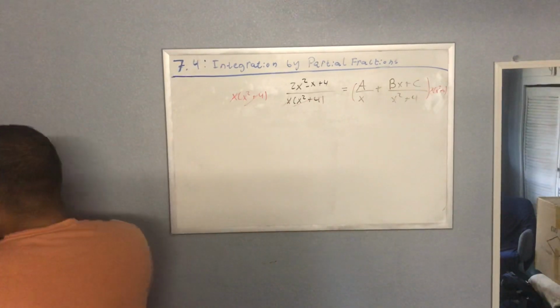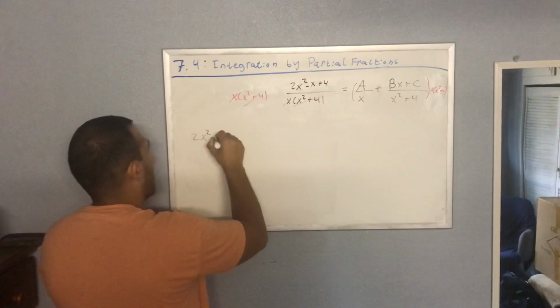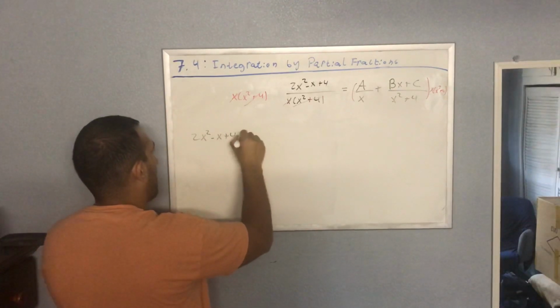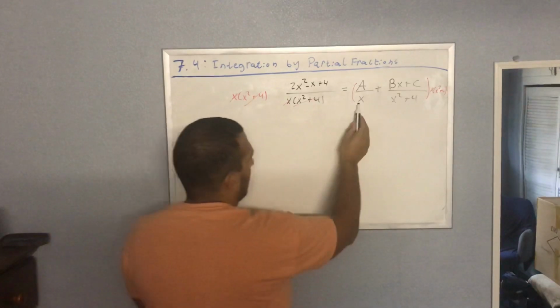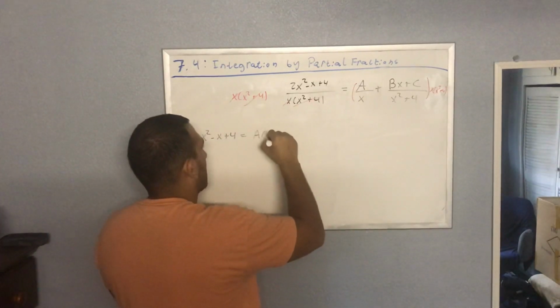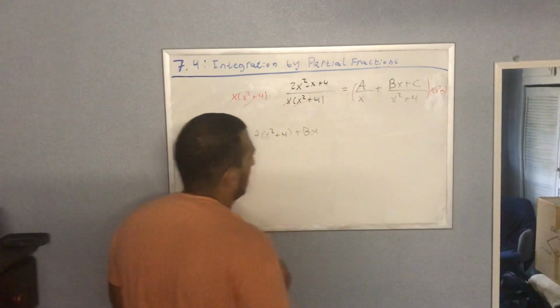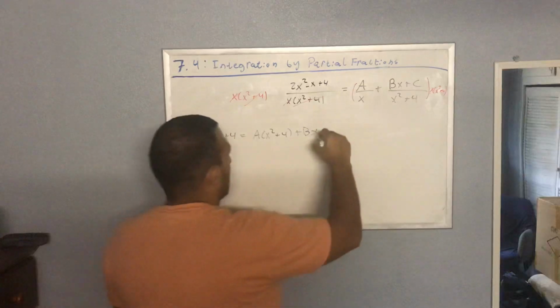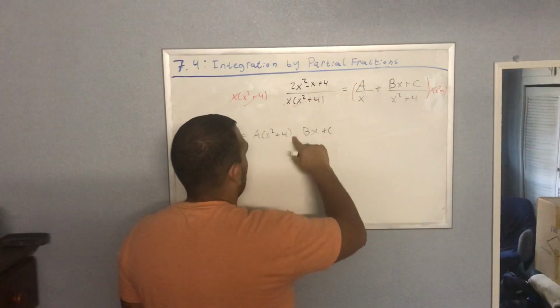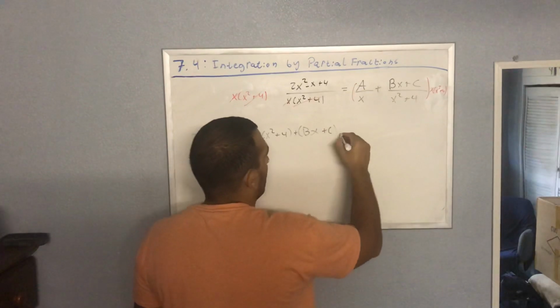So we're left with 2x squared minus x plus 4. And then this x will cancel with that x, so we're just left with an x squared plus 4. And similarly, we're left with this for the other term, bx plus c times x.